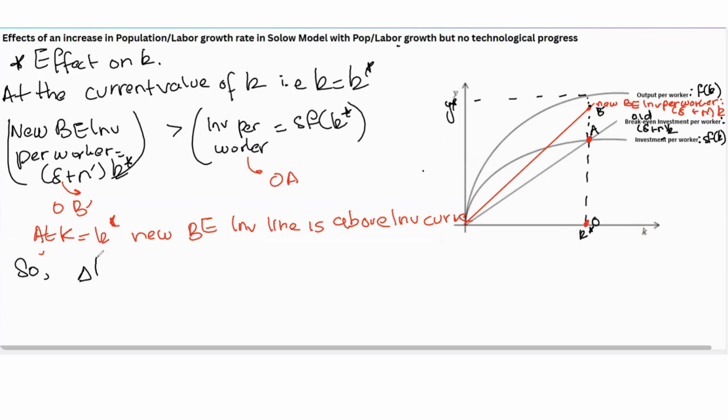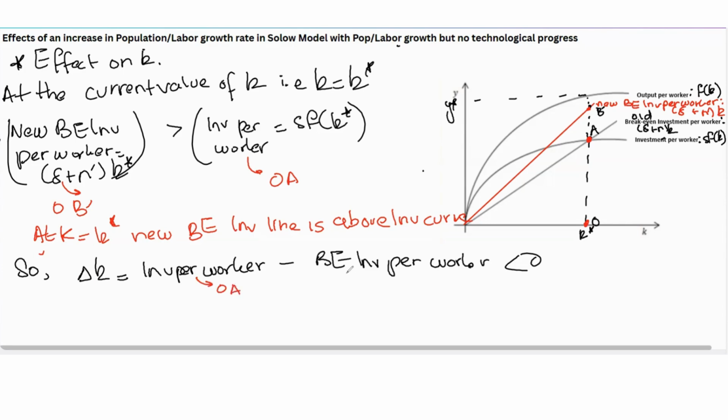So delta k, the change in capital per worker, which through our capital accumulation equation is investment per worker minus break-even investment per worker, is going to be less than zero. We can see this graphically too. Investment per worker is OA, break-even investment per worker is OB prime, so it's OA minus OB prime.